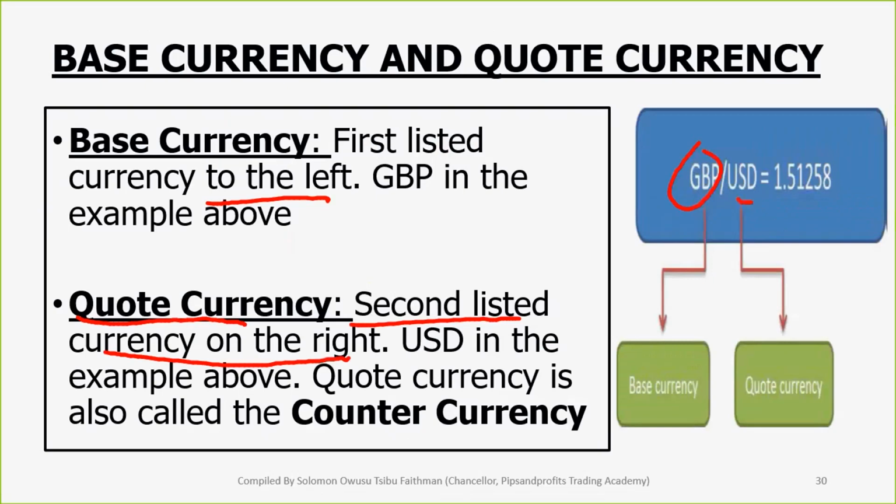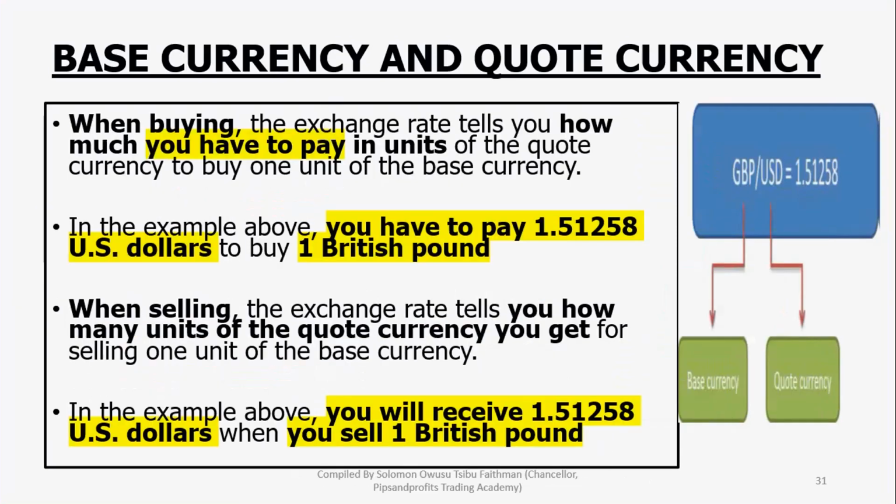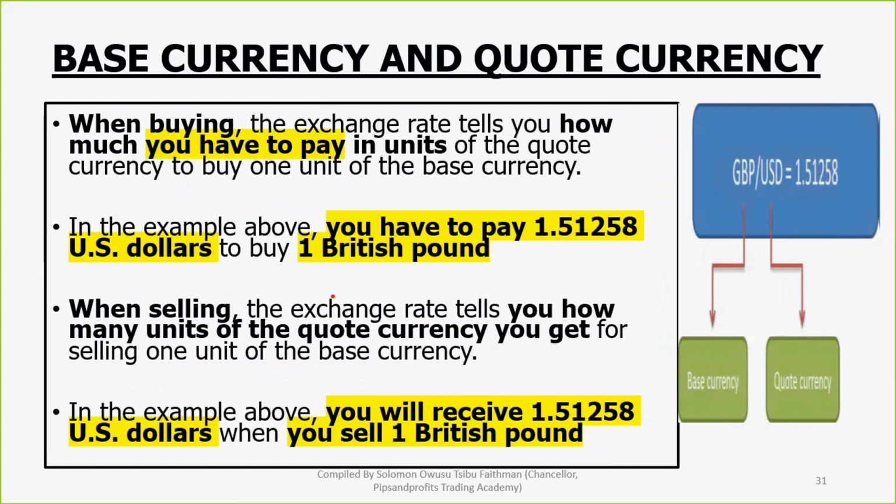Now the last part of it is the exchange rate. Okay. Now, what can we say about the base and the quote? What is the relationship that exists between the base currency and the quote currency? Please pay attention over here.